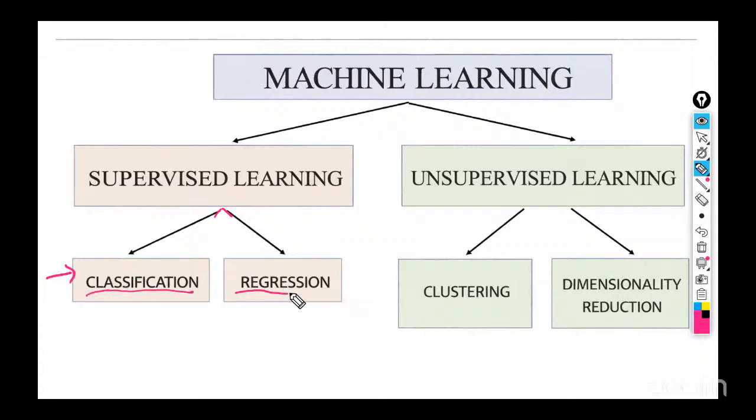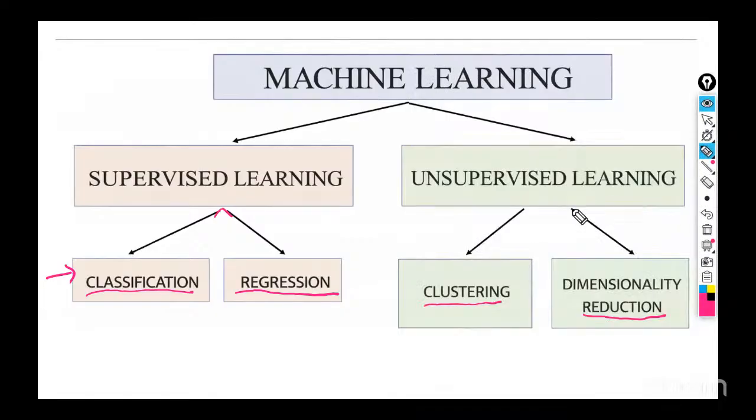Second type, it can solve a regression problem. After this, your unsupervised learning also solves many problems. Some of them are clustering and dimensionality reduction. In the future, we will build a recommendation system using unsupervised learning, and there are many more.